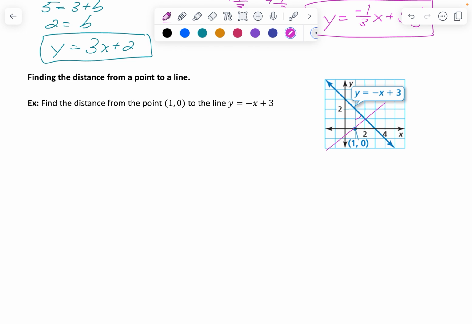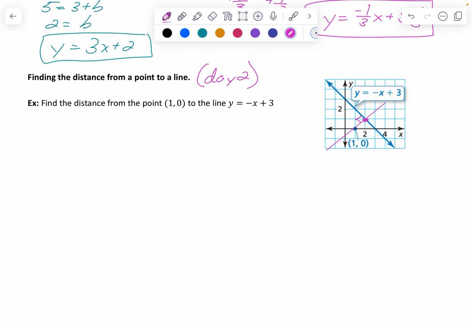We need to find this point that intersects with that other line. So in other words, what we just did, and this is going to be like day 2 probably, we have to find the equation of the pink line. We need to find that point of intersection, and then we can find the distance. So this is a super problem.